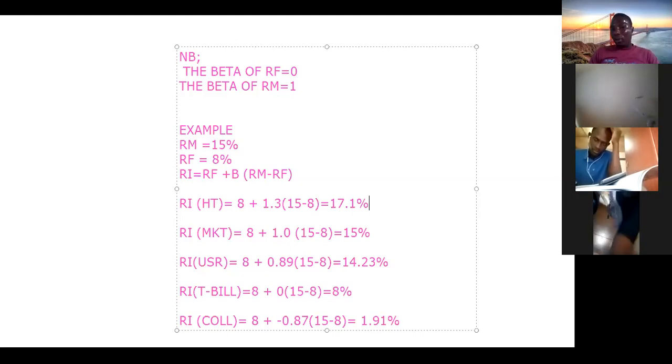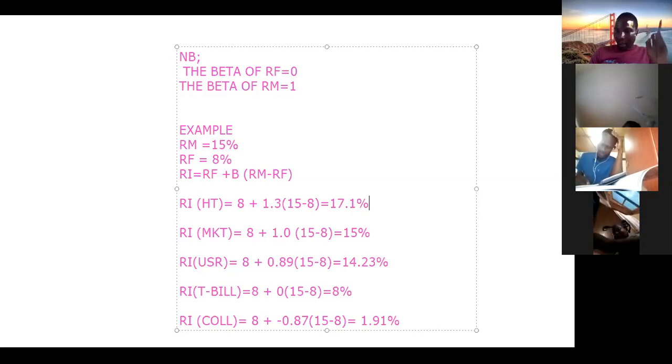And because the beta of the risk-free rate of return is always 0, the return with the beta of 0 is the risk-free rate of return. Are you getting it? Good. So whenever you see the question, the one that has a beta of 1 is the market return. The one that has the beta of 0 is the risk-free rate of return. Is that right?